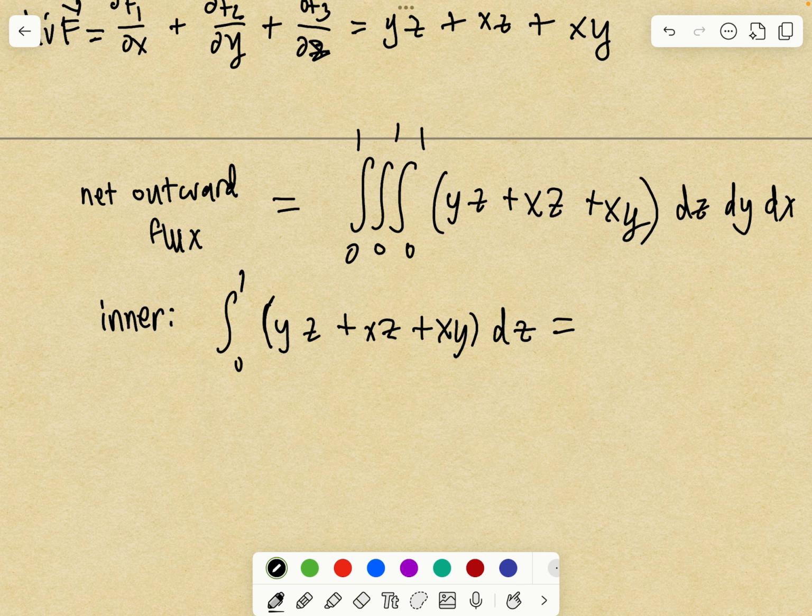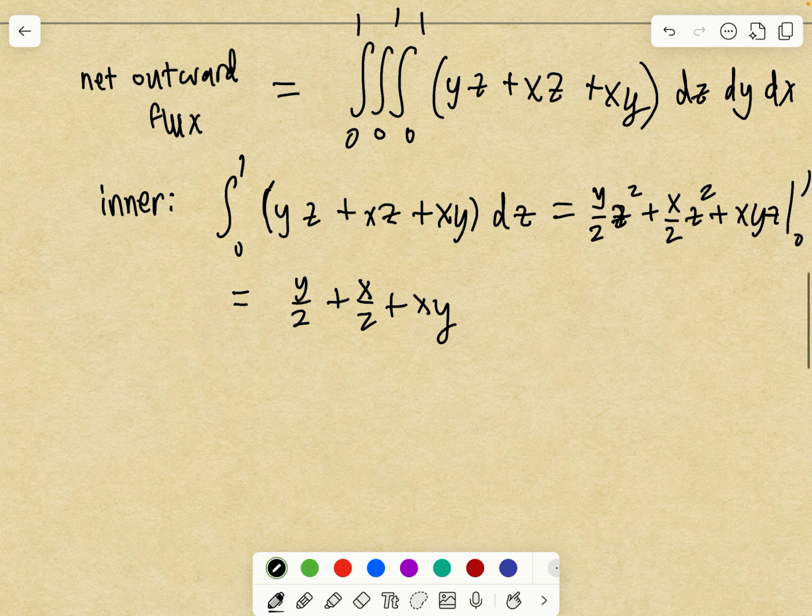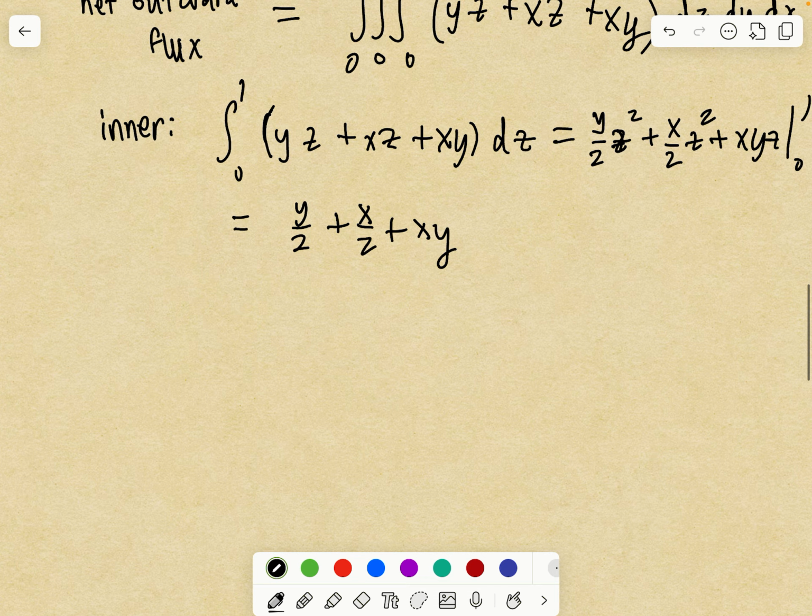The integral with respect to z is going to be y over 2 z squared plus x over 2 z squared plus xyz from 0 to 1, and that's going to be y over 2 plus x over 2 plus xy. Right? Because you plug in z equals 1, you get 1 squared, and then 1 squared, and then 1. And then you subtract 0.